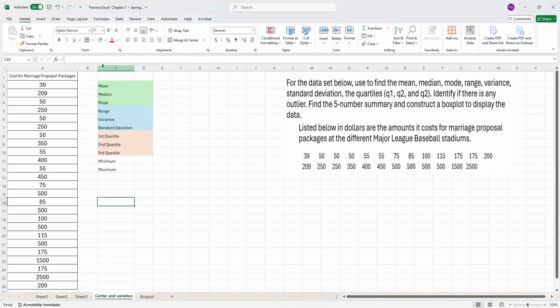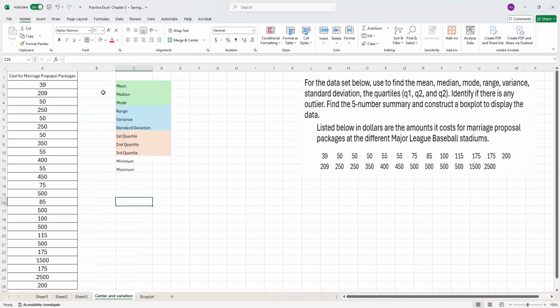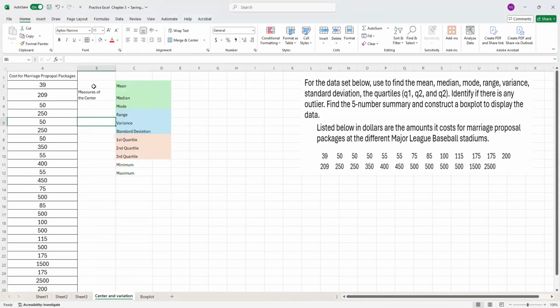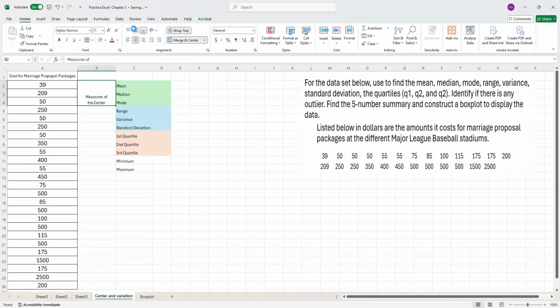All right, so remember, as we said, that's measures of the center.